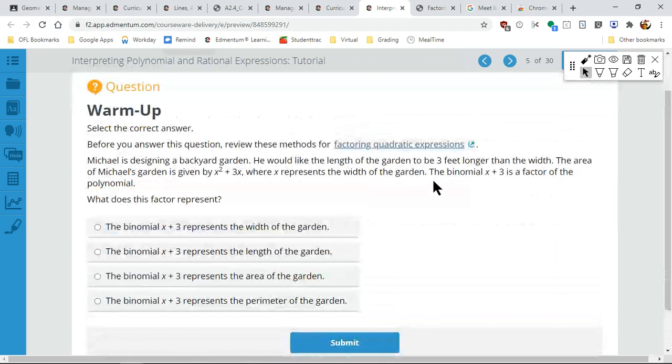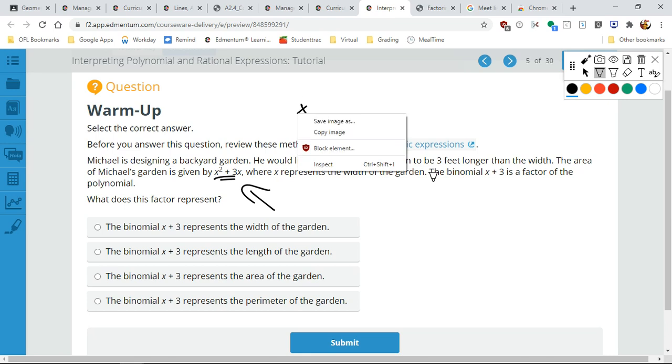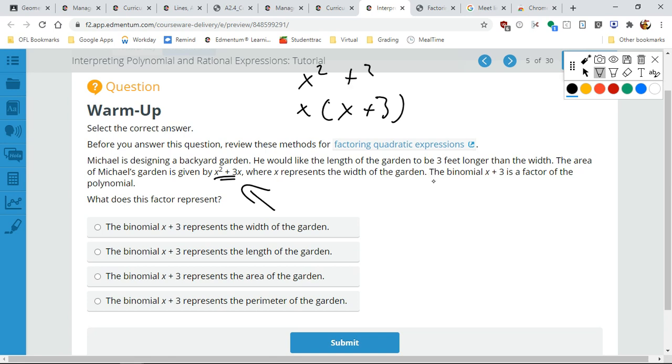It's ironic that they talk about how to factor this. If we want to factor out, we can just think of it as the backwards distributive property. If we did this, we're factoring out an x. What can we divide both of these by? What's a common factor? They always use the term greatest common factor.